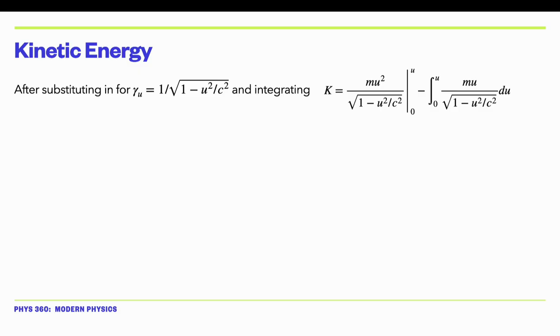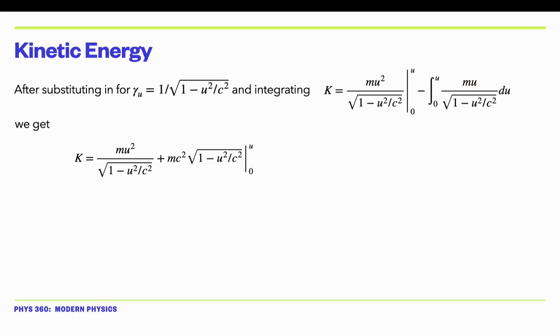So we'll plug in for the gamma factor, here and here. This first term, when you plug in u, you just get u. When you plug in u equals 0, this term goes to 0. So this term just gives you m u squared times the gamma factor. The second term, you do a substitution.